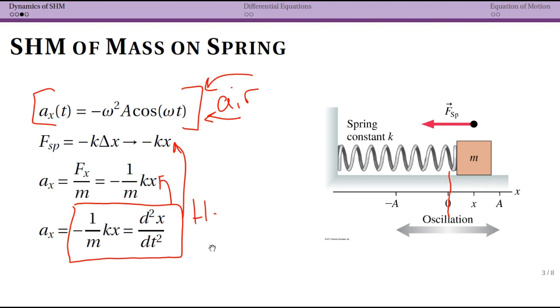So if we just want to use Hooke's law, which remember is just an ideal spring model, it's not really a law, and Newton's second law, which is actually a law, we get to this equation. So we should be able to use this equation to get back to the form that we were originally guessing.